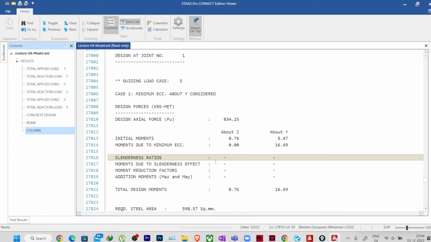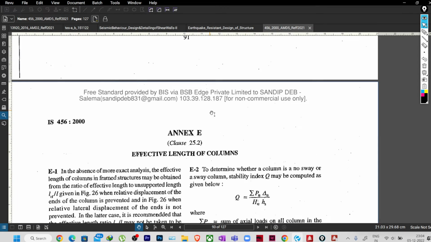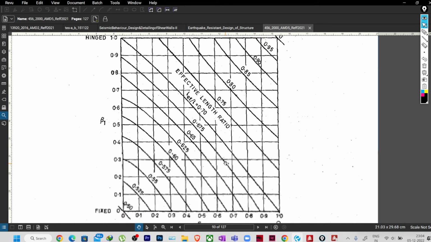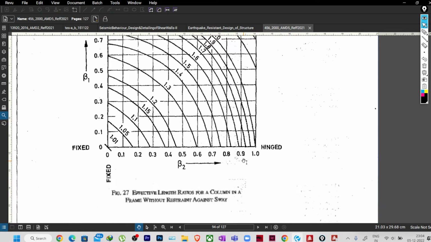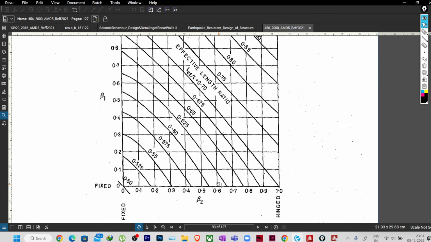But when we'll be designing for lateral loads, as I have explained earlier, you need to find out the effective length, as per this NXE, that I will be explaining again actually, how you can do that. And you need to see whether the frame is sway or no sway, and accordingly you need to find out the effective length ratio.